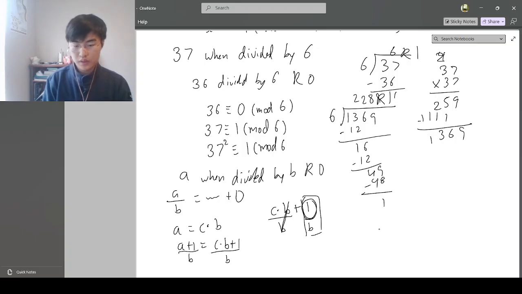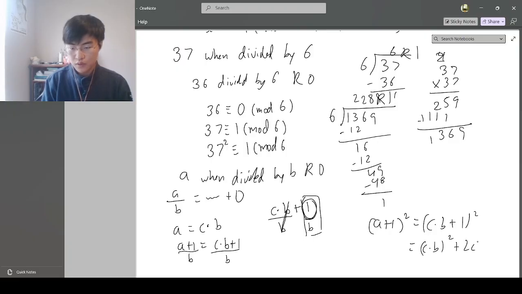Now, if we square this, let's say a plus 1 squared, so we have c times b plus 1, squared. If we expand this form, we get something like c times b squared plus 2 times c times b plus 1 squared.